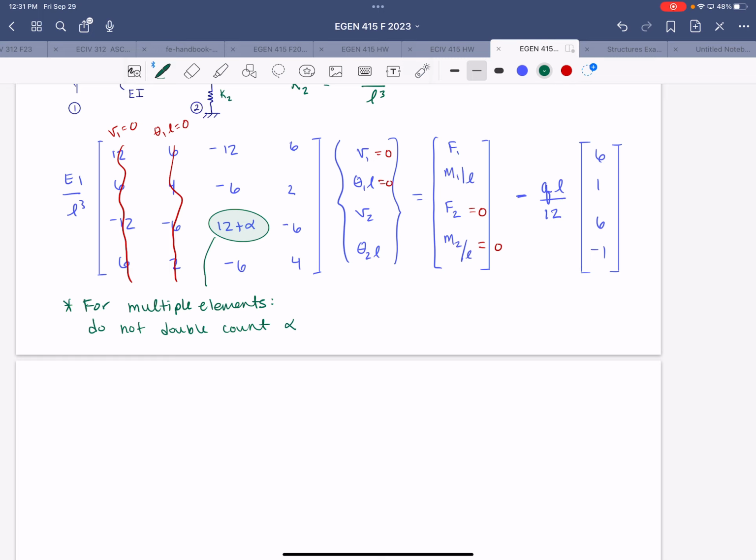All right, and then the other note I'll add on this is that the force in the spring comes from this term. So after we solve for the unknowns here, we'll go back to this equation in row 3 to find the force in that spring.